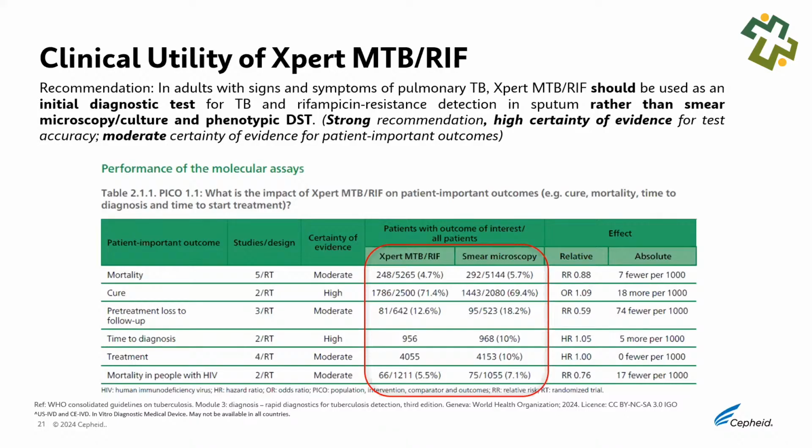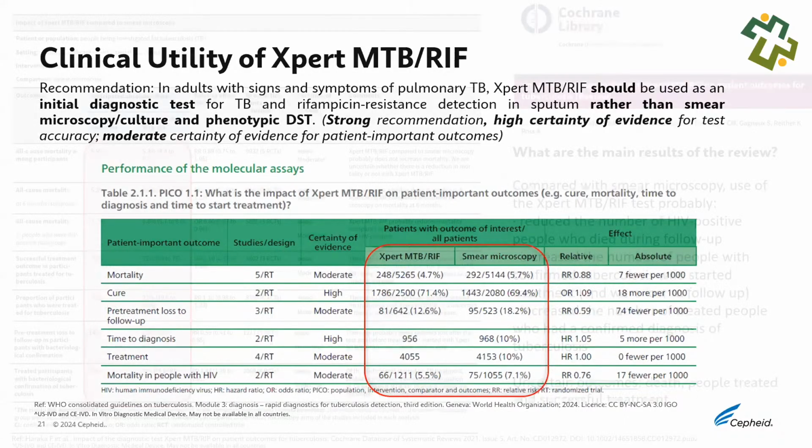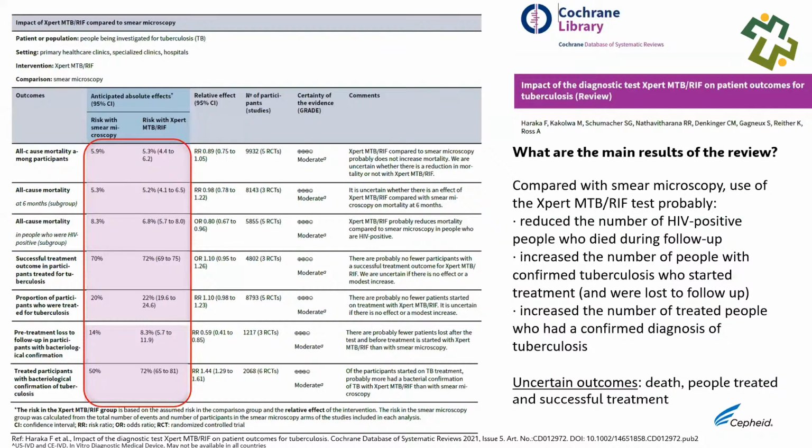So in this study, their results confirmed the superiority or the preference of the GeneXpert compared to the initial smear microscopy or even culture. So these are also some of the studies as well.